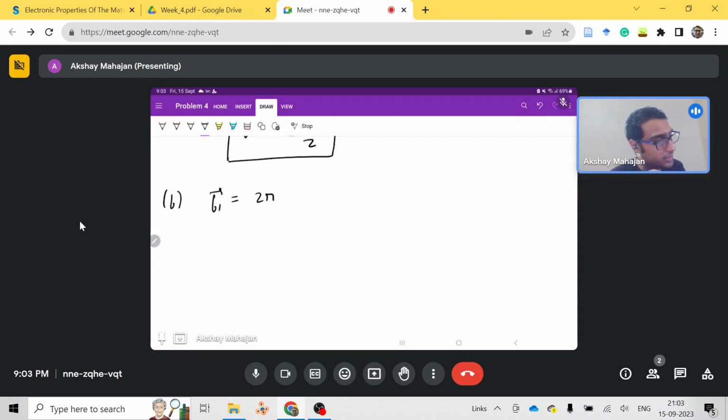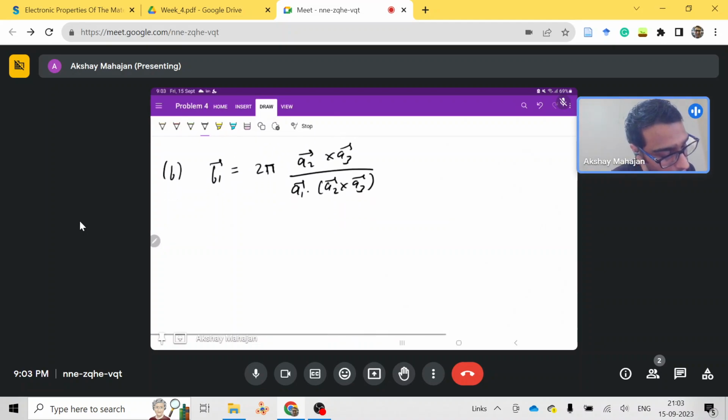To calculate b1 vector, we will just use a formula: b1 vector is equal to 2 pi times e2 vector cross e3 vector divided by a1 vector dot e2 vector cross e3 vector.